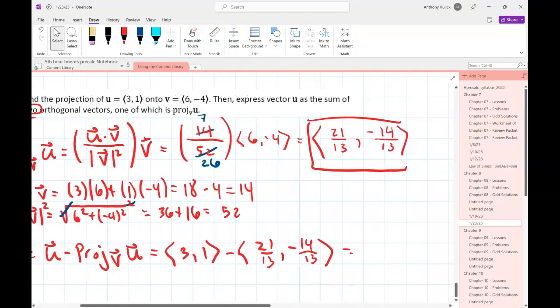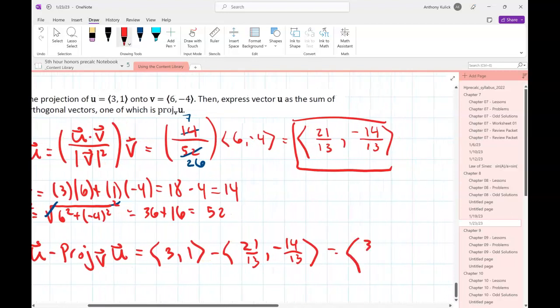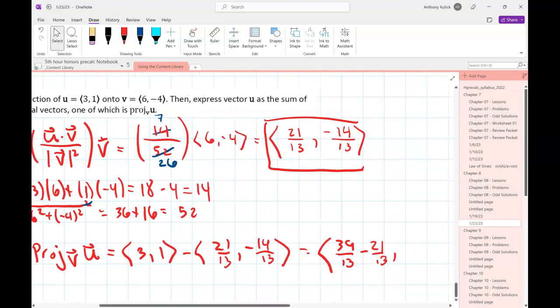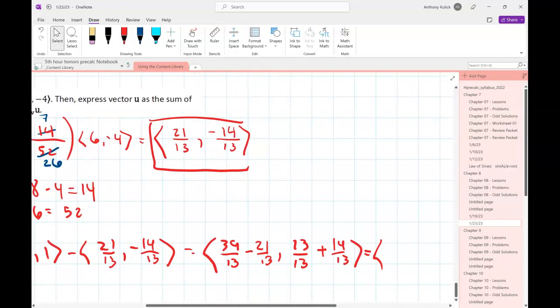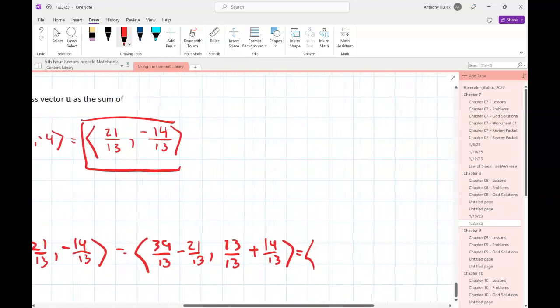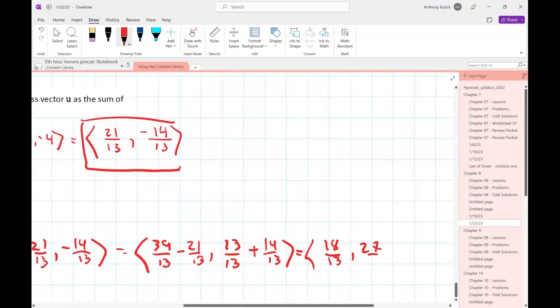To do that, I'm going to need to make a common denominator. So I get 18 over 13, comma, 27 over 13.